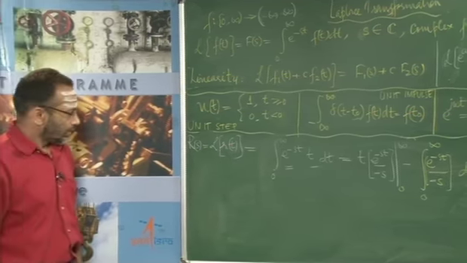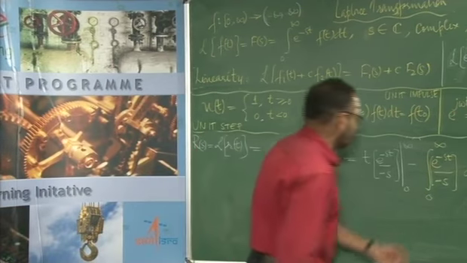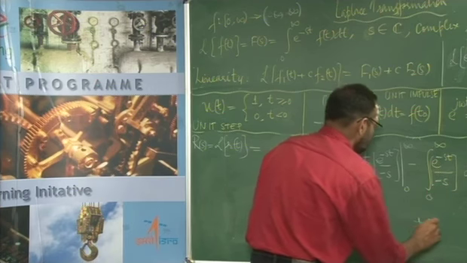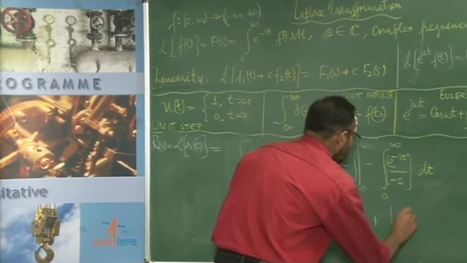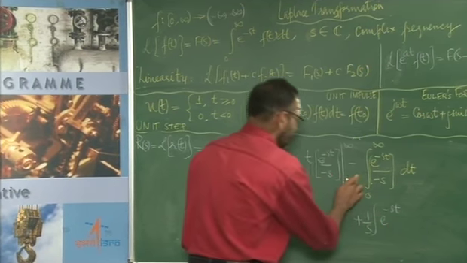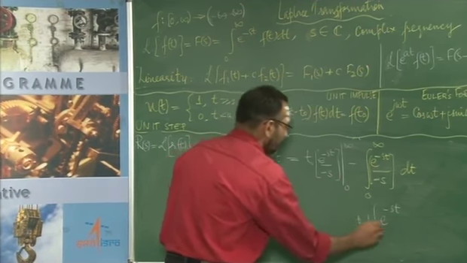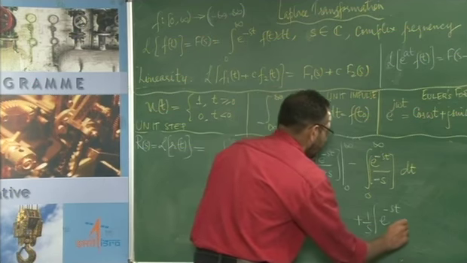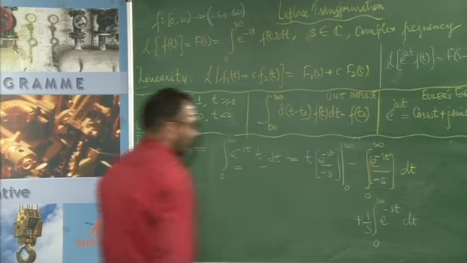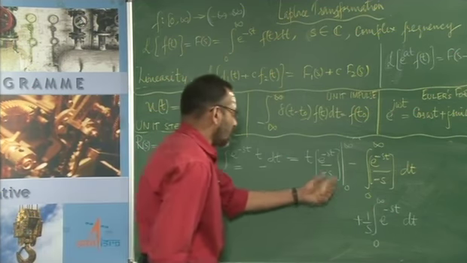All right. Now, let us look at this. The right hand side, the second term, is easier. You get plus here because you have a minus here. So, taking the s outside, I get plus 1 over s, integral of e to the minus s t dt, going between 0 and infinity. Now, let us evaluate the first term.